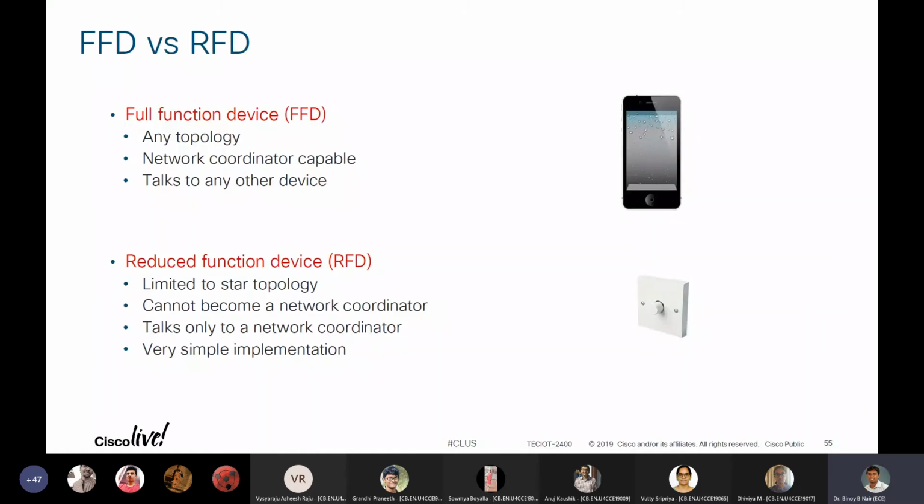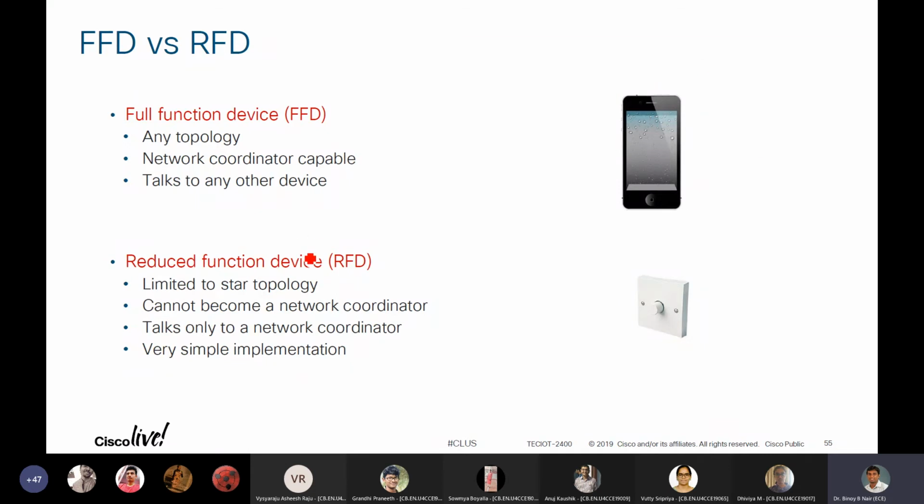This is what we are looking at. We have come across these terms earlier, multiple times, so I will repeat this once again. Full function devices are like mobile phones. They will fit anywhere, in any star network or mesh network you want to set up, because they have sufficient computational power and communication bandwidth to handle that.